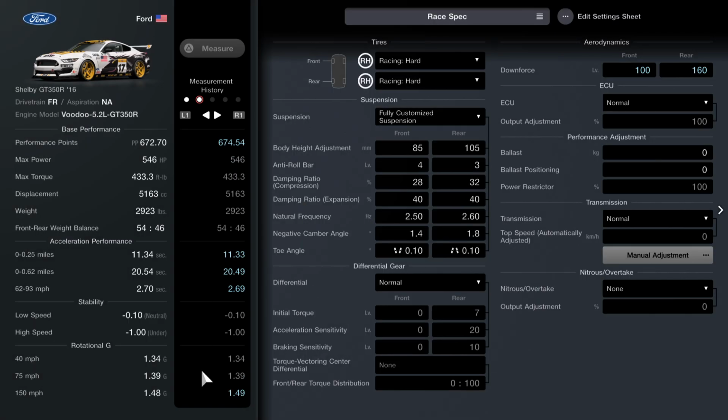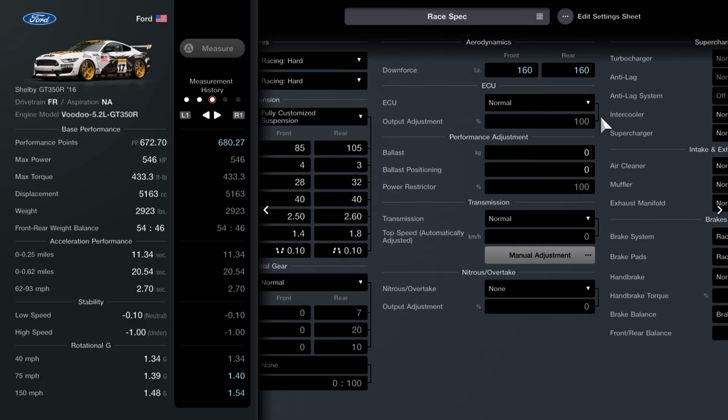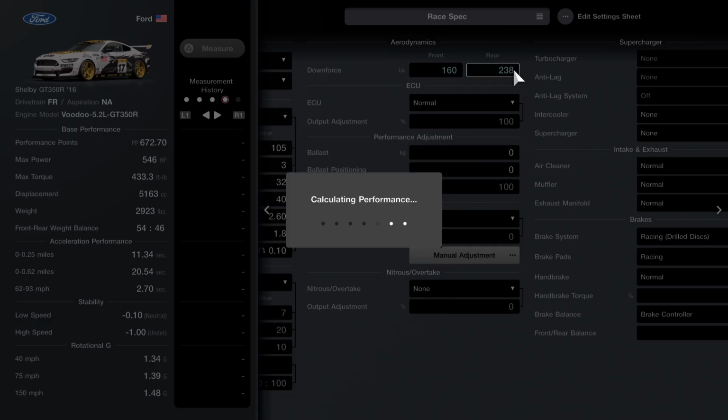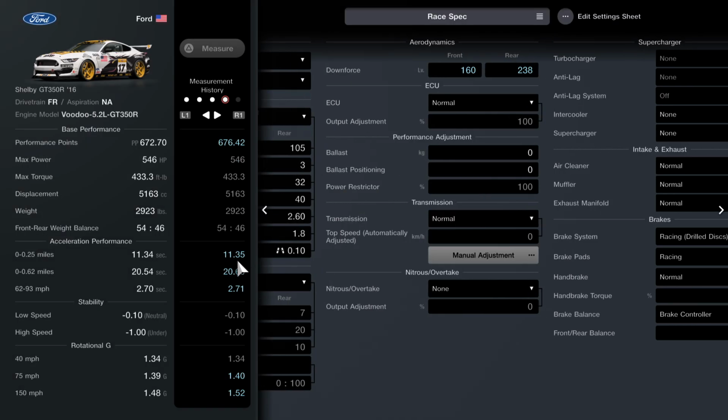Say, for example, here, acceleration performance, right? If I'm to increase this value, we're losing top speed. We're losing acceleration. Not good.